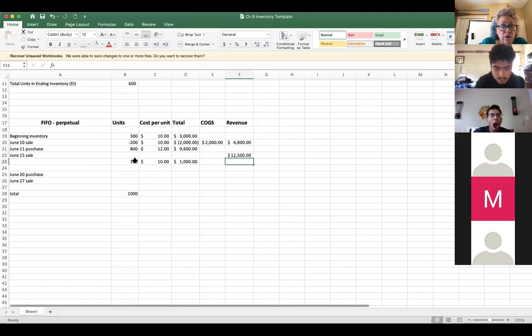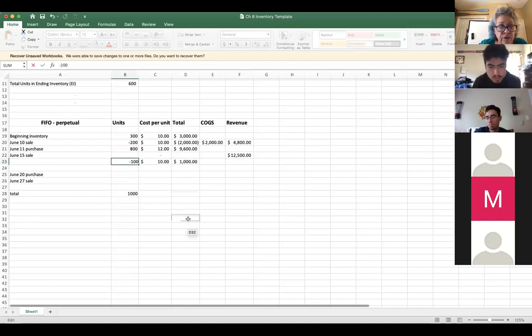So I sold 100 of the 500. I removed the 500 because I am going to have to break up the 500, it came from two different layers.